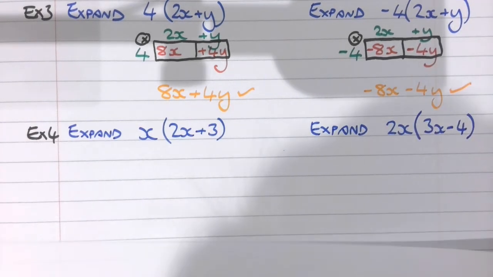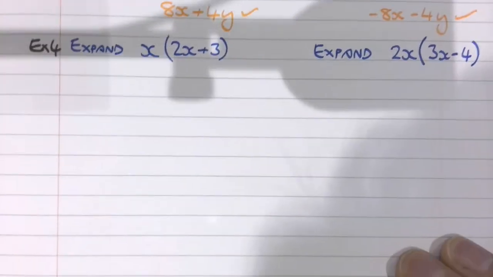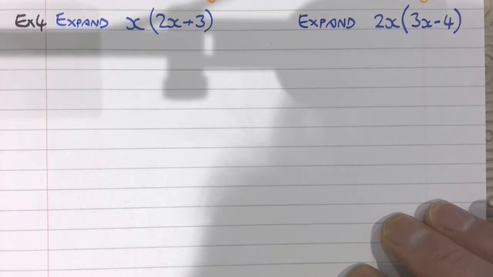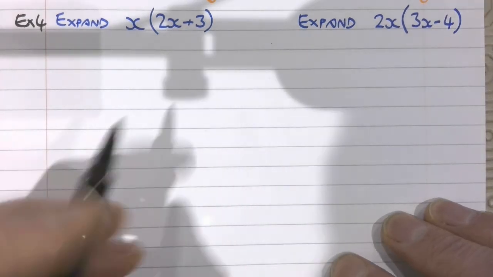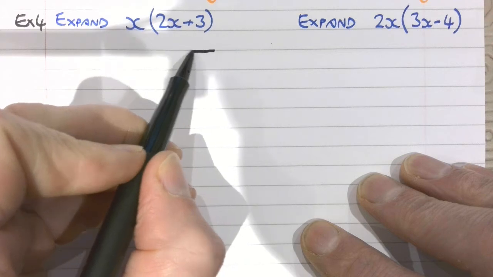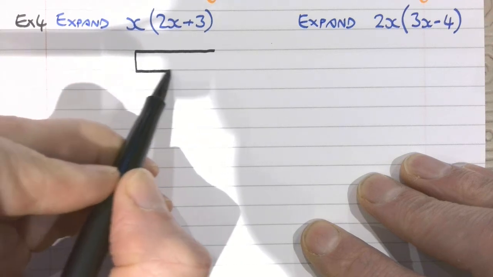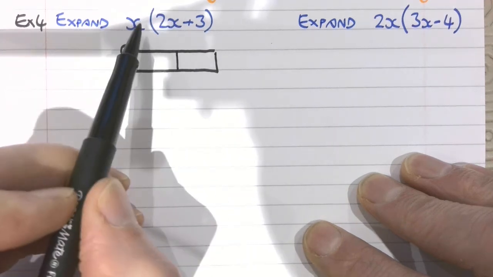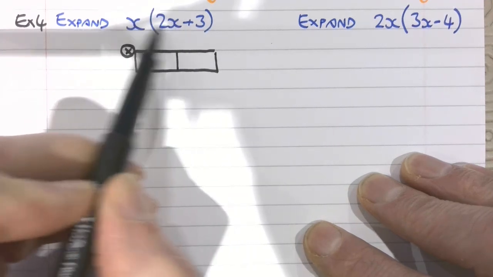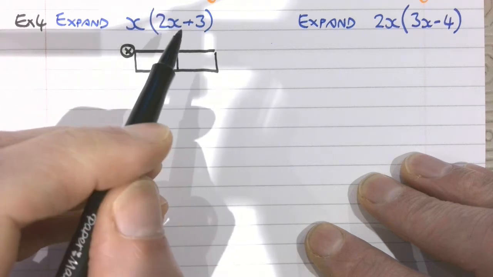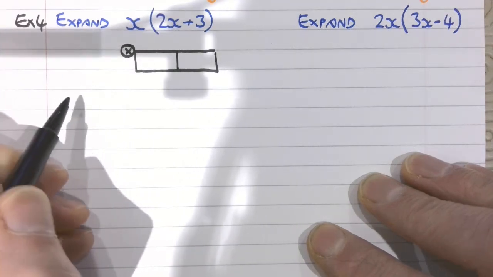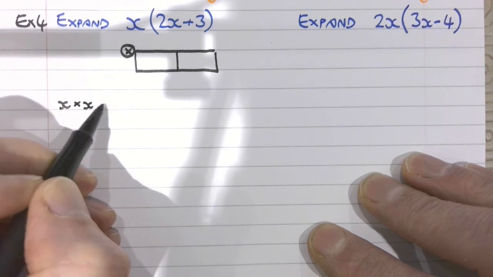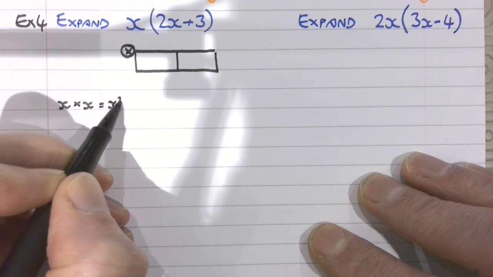Last example then. Okay, so what's changed on this one is that I'm going to be multiplying these two letters together. And if you remember way back when, if we do x times x, that equals x squared, okay?